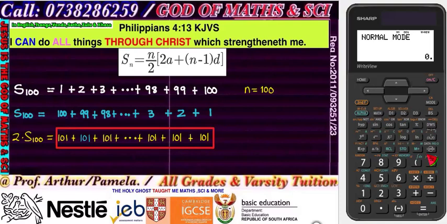You can simply write 2 multiplied by S subscript 100 equals 100 lots of 101. So just write it as 100 multiplied by 101. You see, all of that represents everything in the red box. So the next thing is to solve for S subscript 100, the sum of the first 100 natural numbers.